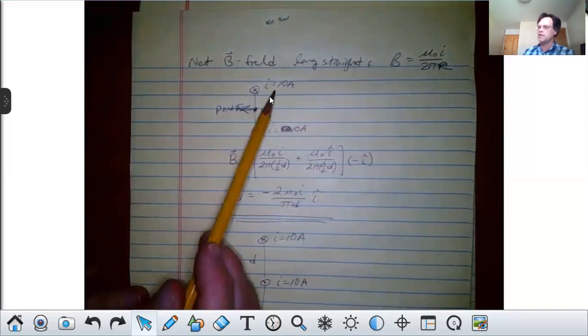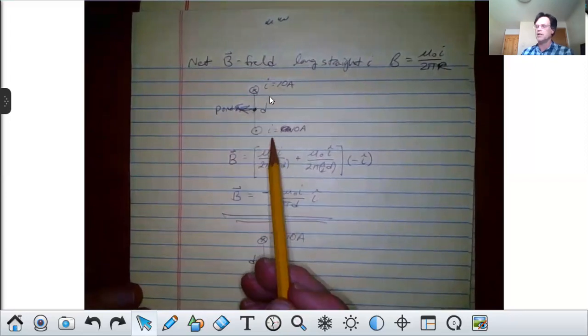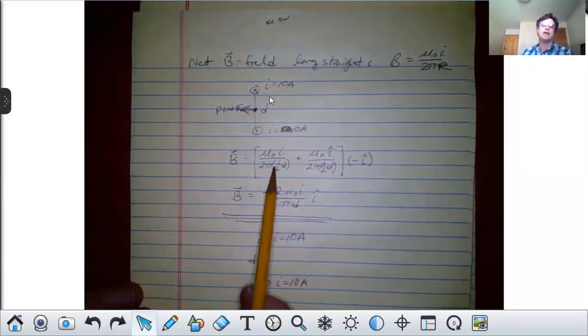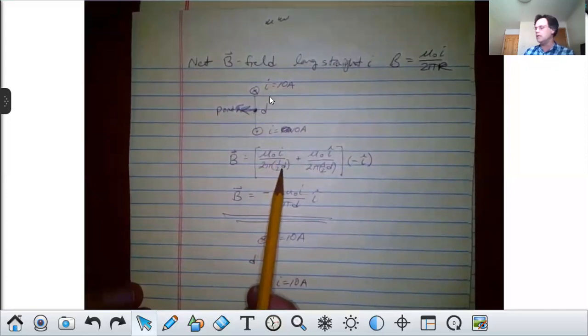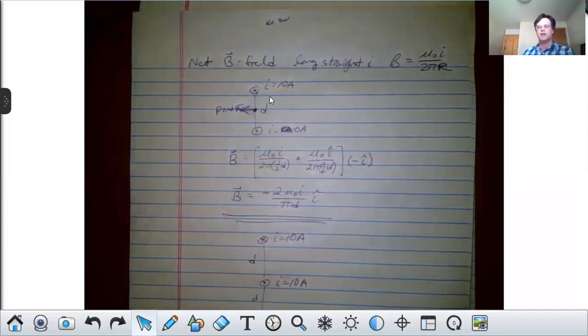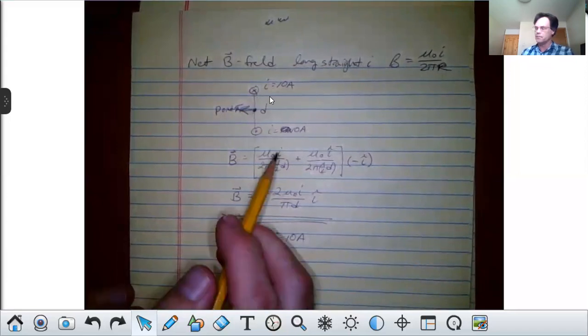Now we're saying they have the same current. So basically what's going to happen is you're going to add those two. They're going to have the same magnitude, mu0 I over 2 pi times 1/2 d, because right there, the r is 1/2 the distance d from the wire for each one.